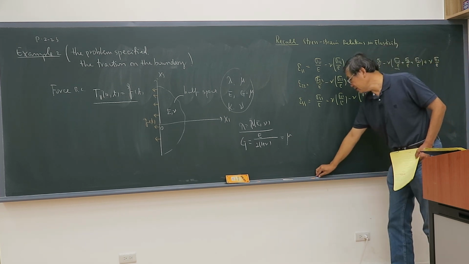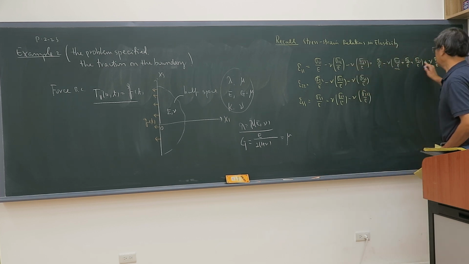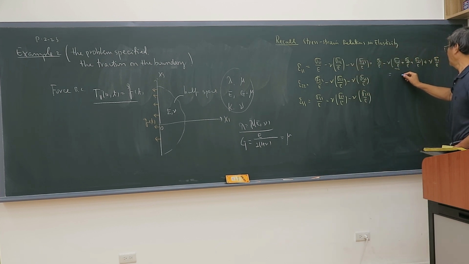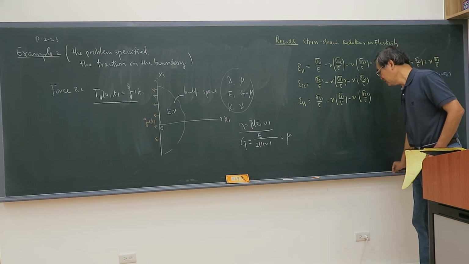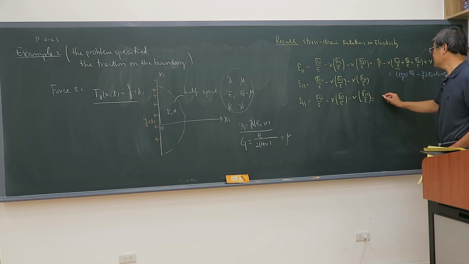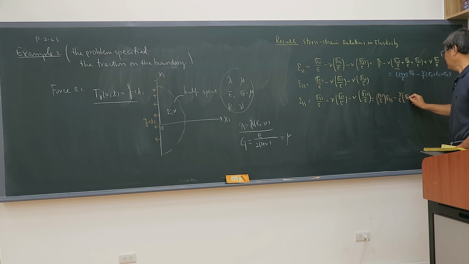Now I can add this together as 1 plus nu over E sigma 11, minus nu over E times (sigma 11 plus sigma 22 plus sigma 33). And similarly, this one can be written as 1 plus nu over E sigma 33 minus nu over E times (sigma 11 plus sigma 22 plus sigma 33).